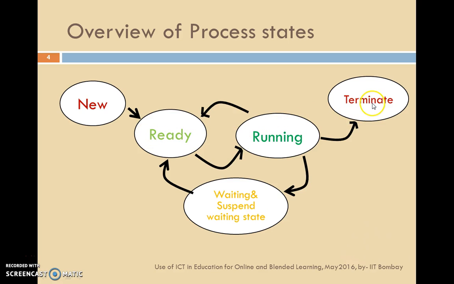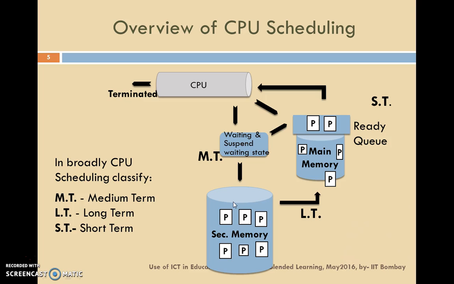And lastly terminated. There is a waiting step also. But in the new state, ready state and running state, the program is inside the CPU. For that, see the next diagram in this slide.